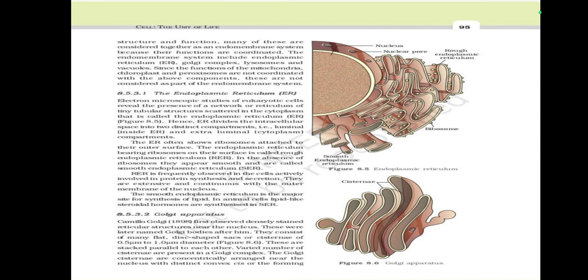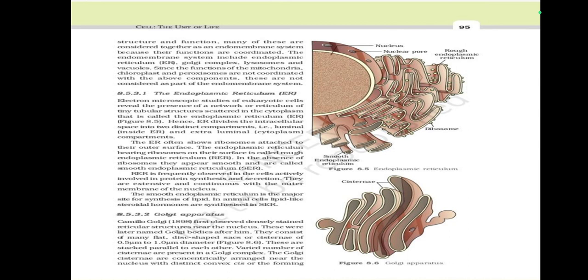The endoplasmic reticulum. Electron microscopic studies of eukaryotic cells reveal the presence of a network or reticulum of tiny tubular structures scattered in the cytoplasm.